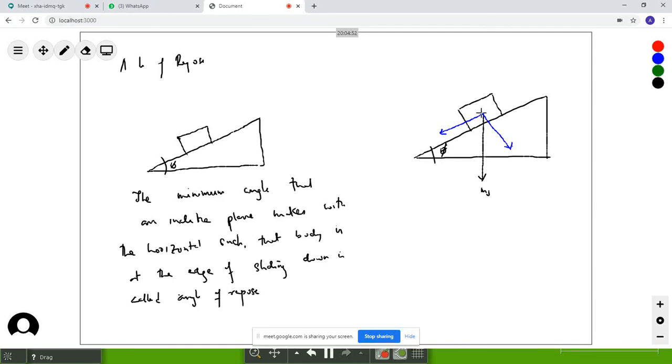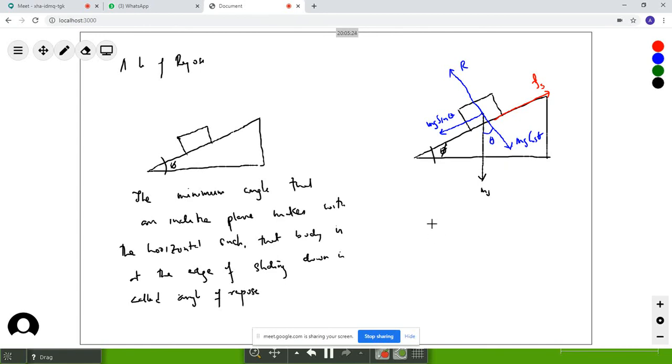This is the normal reaction R. This angle is theta, so this would be mg cos theta and this is mg sin theta. Remember, resolution of vector: we are breaking mg into two components, mg cos theta and mg sin theta. And this is my friction, F static.